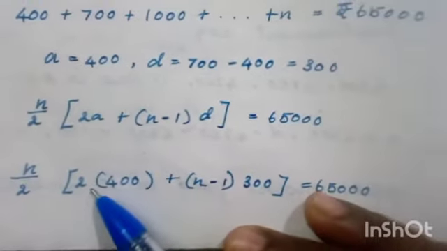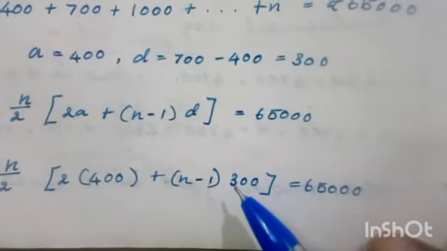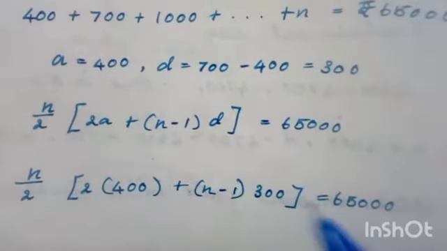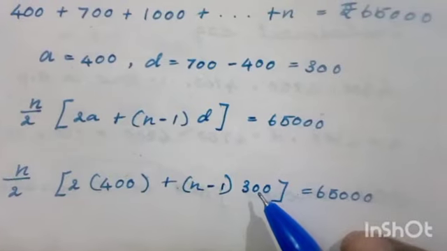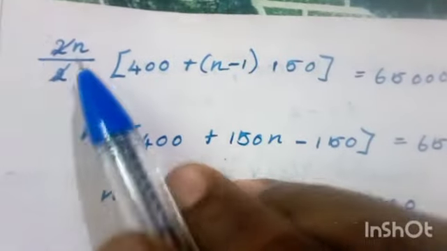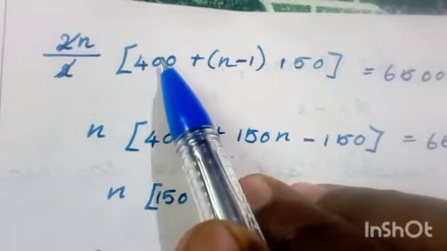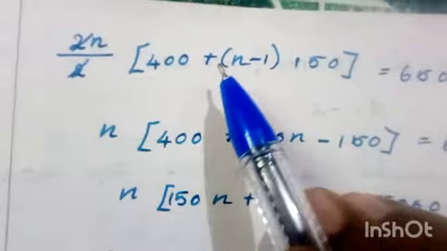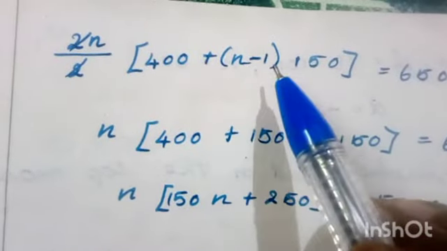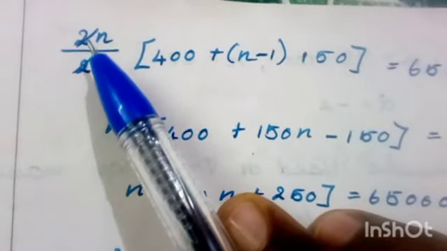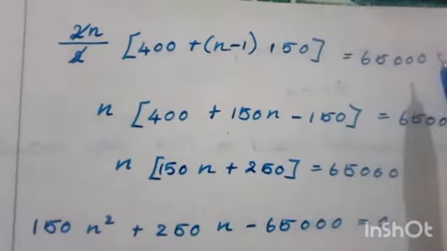In this step, 2 is there for the first term and 300 for the second term, so 2 is commonly taken outside. 300 is 2 into 150, so 2 is taken outside. So that is 2n by 2 into 400 plus n minus 1 into 150, equal to 65,000.